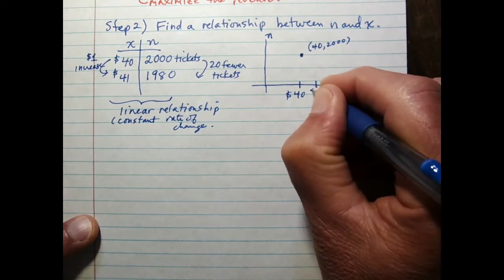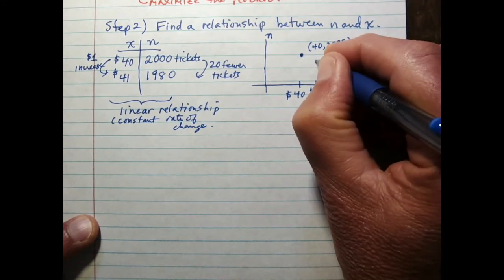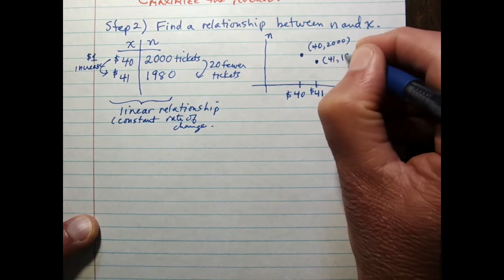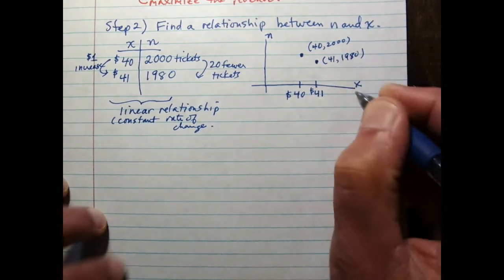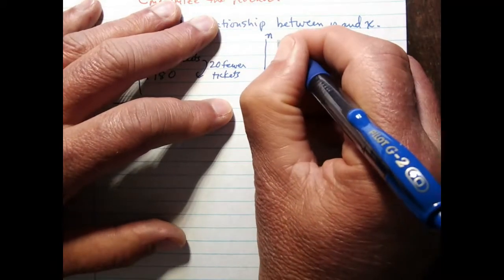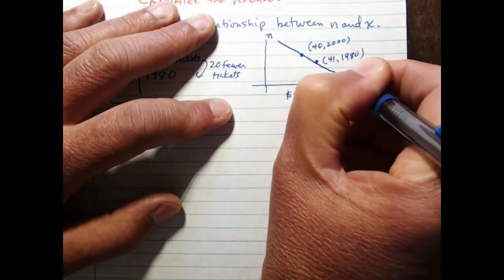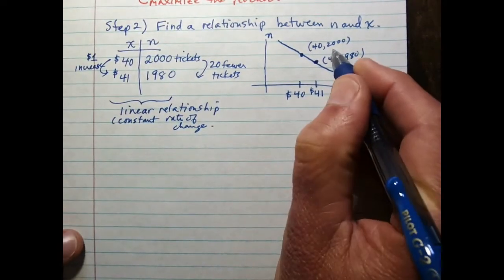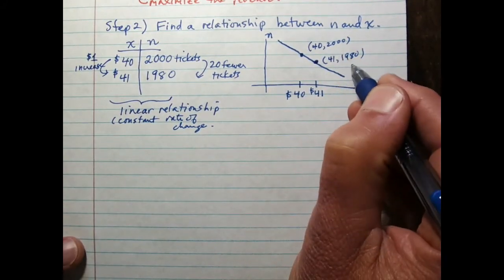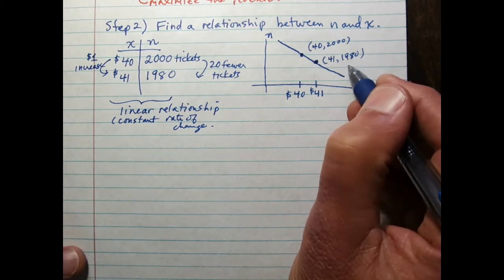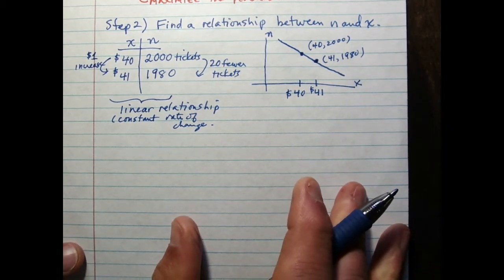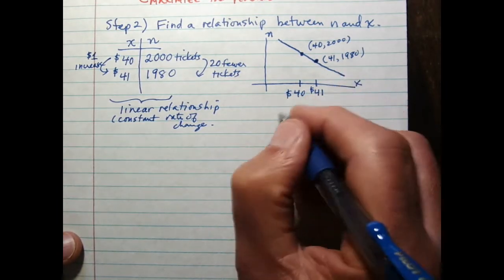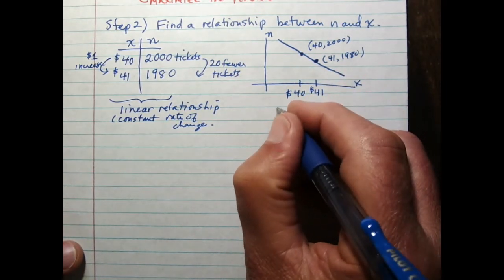But at $41, we're going to sell fewer, right? 1,980. So there's actually a straight line that would pass through all the points that give the relationship between the ticket price and the number of tickets sold. So what's the slope of this line? Or what's the equation of this line?